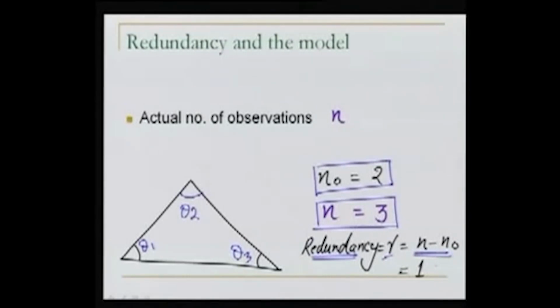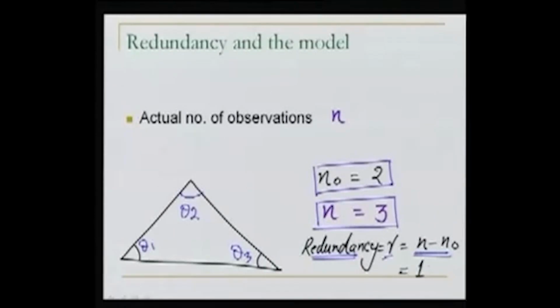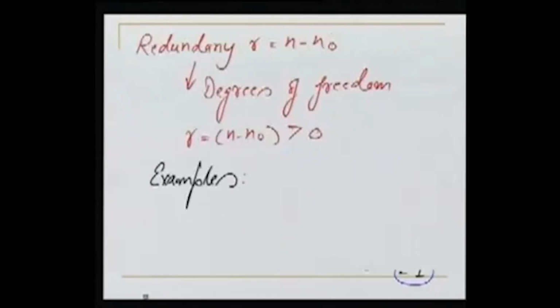We need only N naught observations to define our model, but we are taking N observations. So in this case, R is equal to 1, that's the redundancy in our model. This is also many times called degrees of freedom, and will be more than 0.